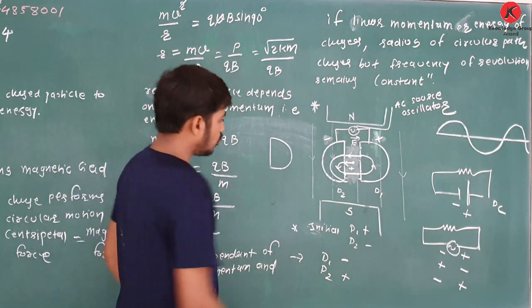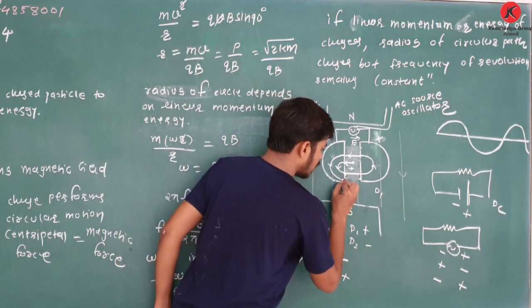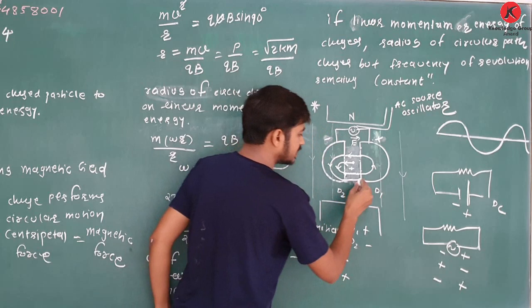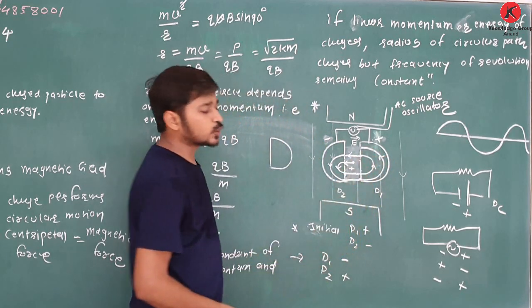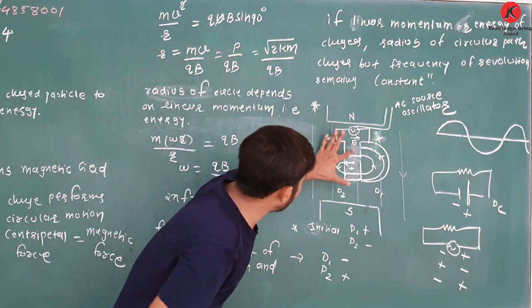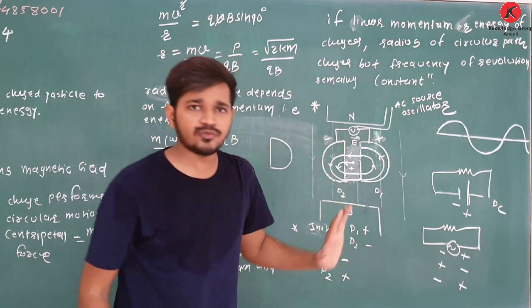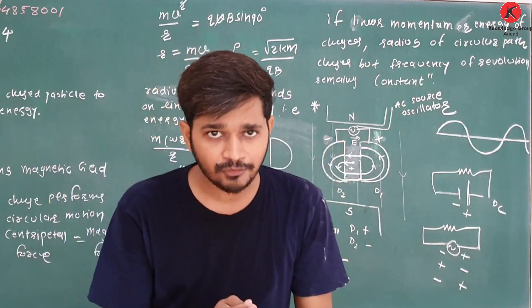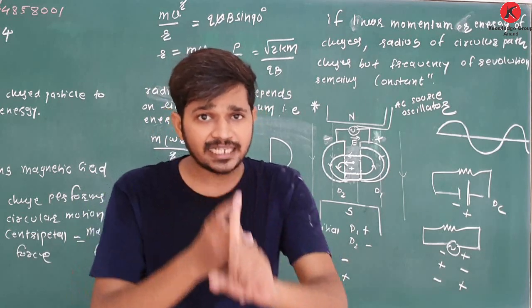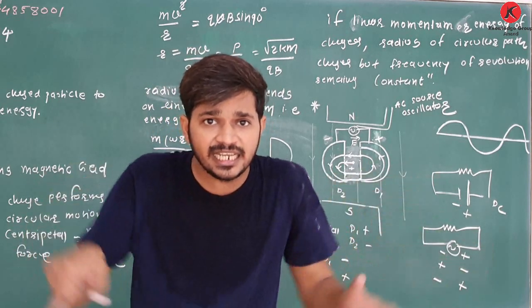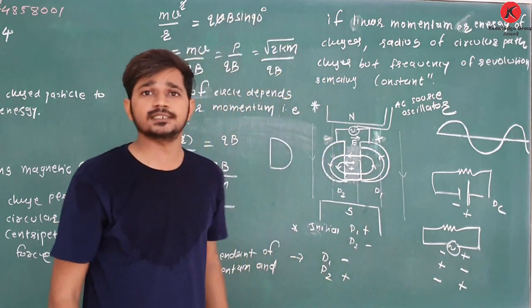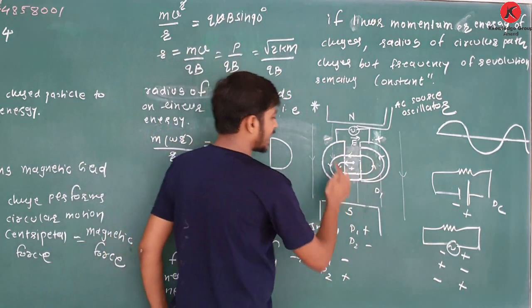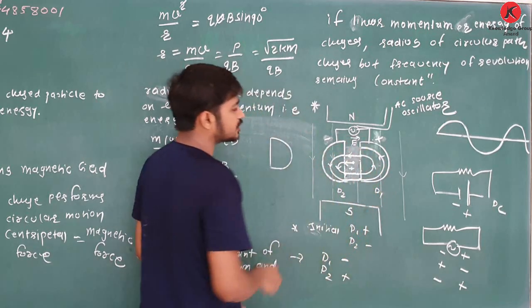Clear about this? On the circular path, again its energy increases, radius of circular path increases. In the region between two plates, due to the electric field, it is accelerated and its energy increases, so in the D its radius of circular path increases. Radius increases, energy increases, radius increases, energy increases.